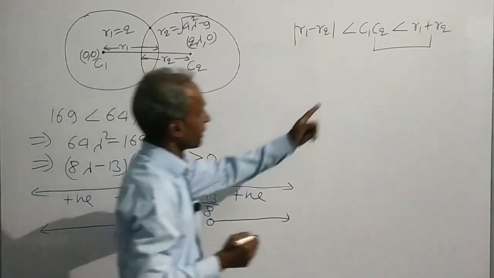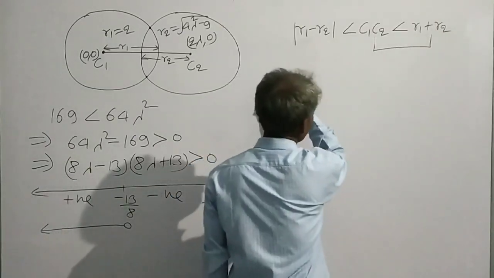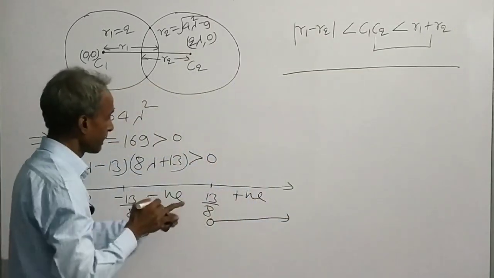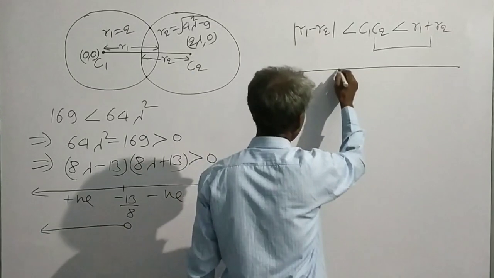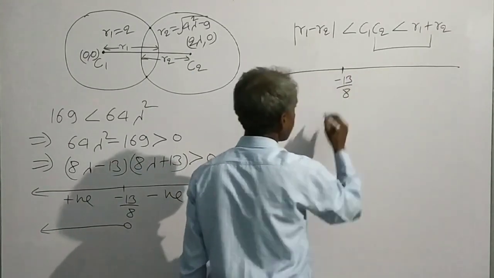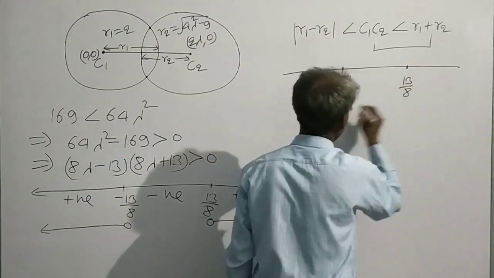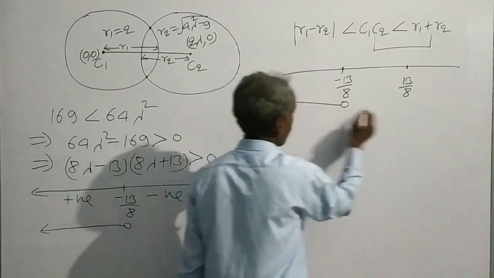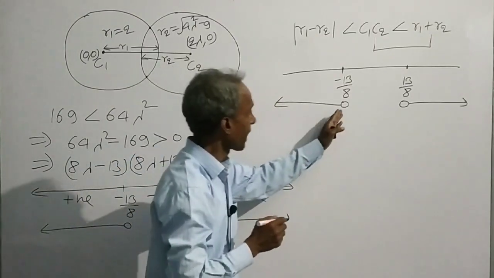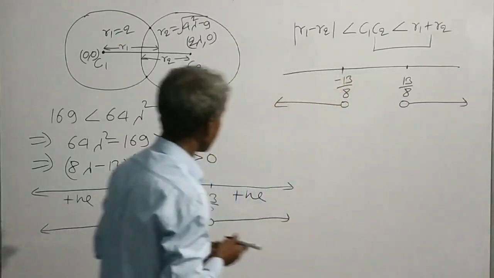That means this condition will be satisfied when the value of lambda lies on the left hand side of minus 13 by 8, or on the right hand side of 13 by 8.